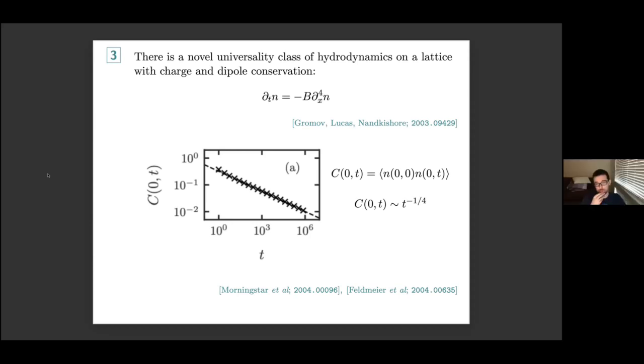If we go all the way back to this t to the minus 1/4, I don't think this is a long time tail. This is just a regular 2-point function. Yeah, the regular 2-point function has a long time tail, because of the nonlinearities, and that goes as t to the power minus d by 2 in usual hydrodynamics, and that comes from the Navier-Stokes nonlinearity, which is the Galilean term.